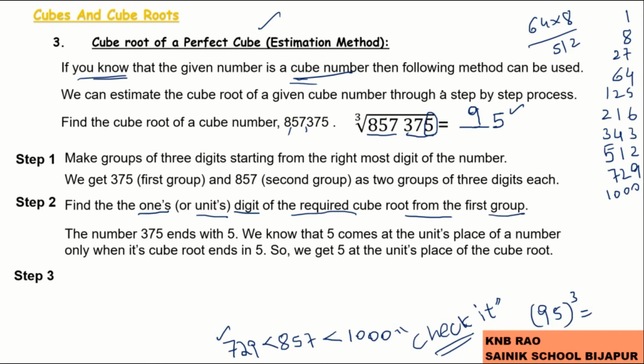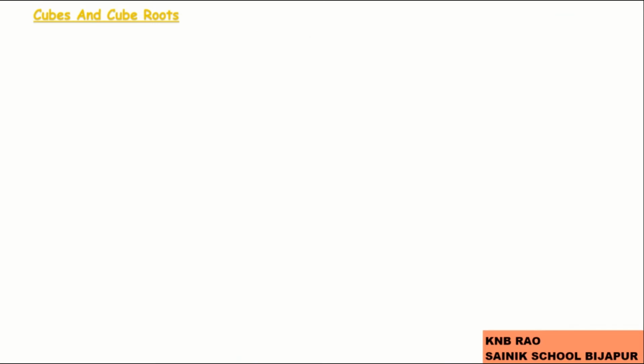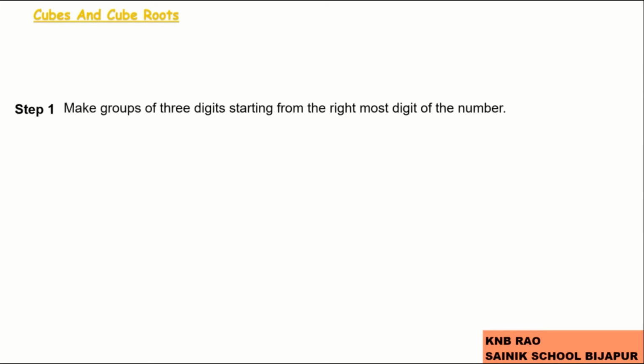I am giving the same thing in written format, what I explained to you. Now we shall take one more example and recheck the steps. So you need to compulsorily check it. Coming to the next example, these are the steps I am giving first.